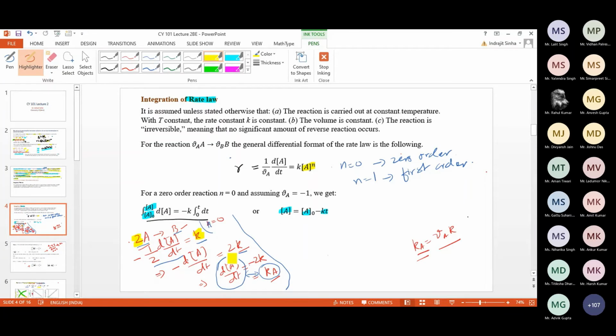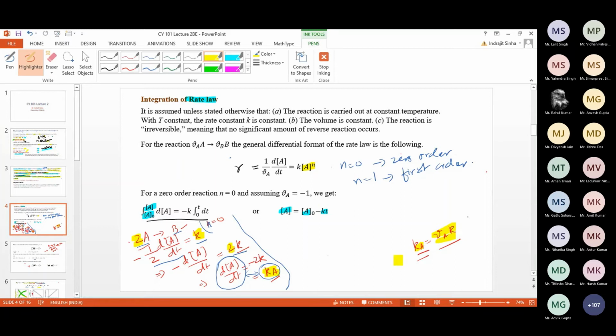But if you take the 2 over here, then this can be explained as Ka, the rate constant for the consumption of A, which has this relation with the true rate constant K.